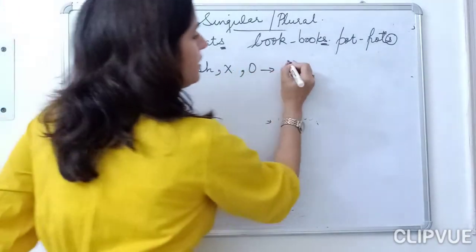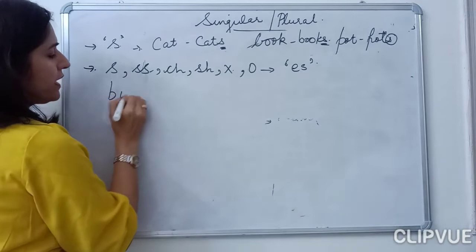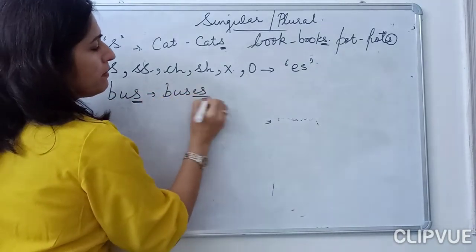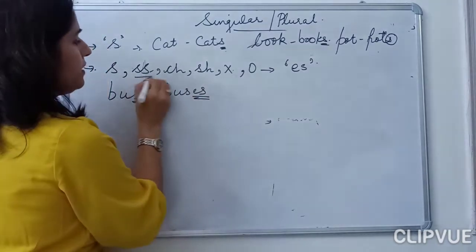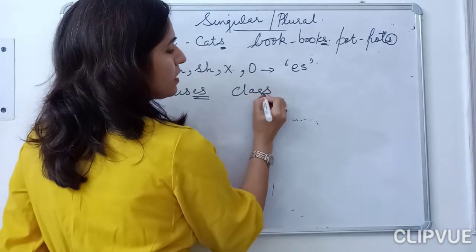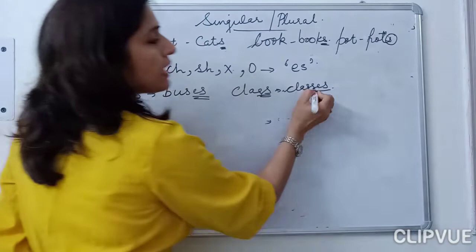That is by adding ES at the end. Suppose first I take bus, ending with S, so what will it be? Buses. Second, suppose I take double S, class, so it will be classes.